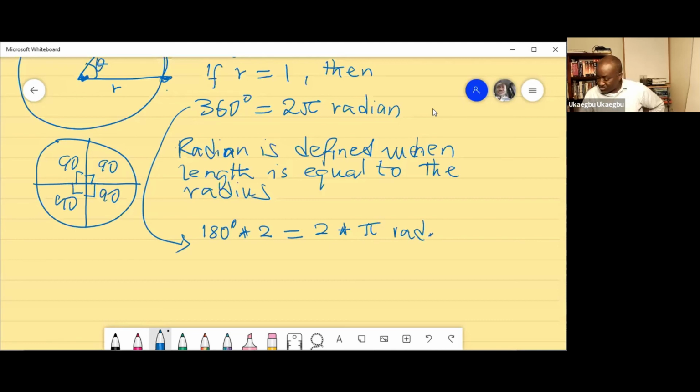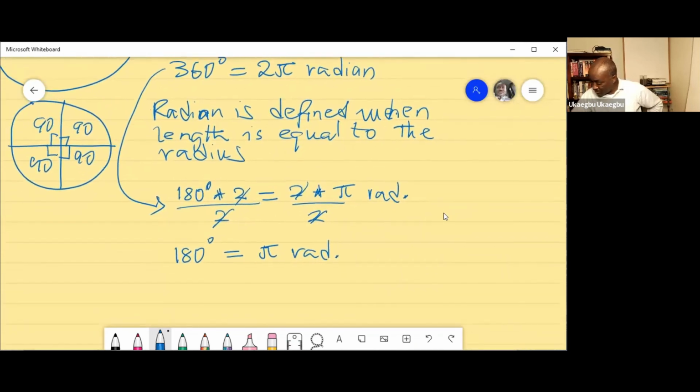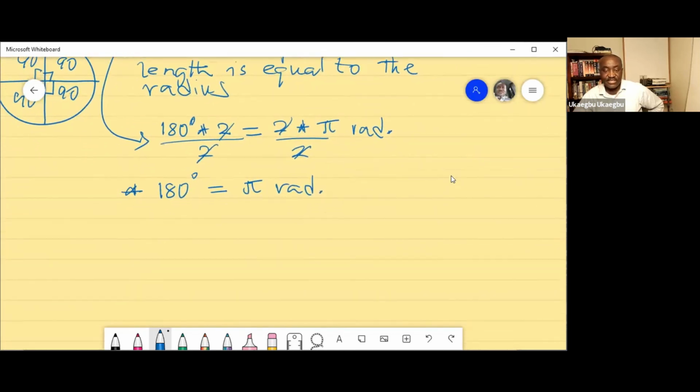So now if you divide 2 on both sides, these 2 cross out. So you are getting that 180 degree is equal to pi radian. So both the first one, which is this, and the second one, which is this, are very important. It is the conversion rate between degree and radian.